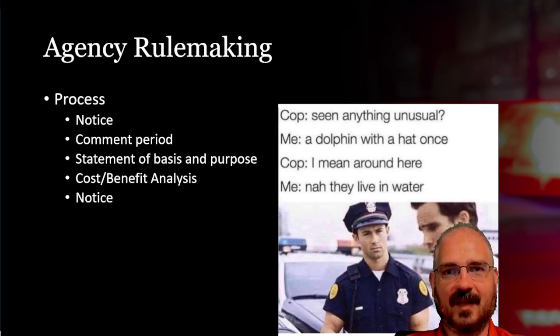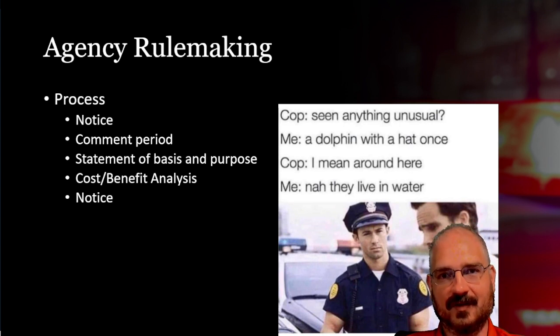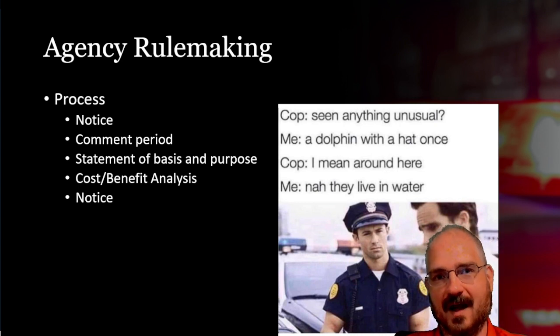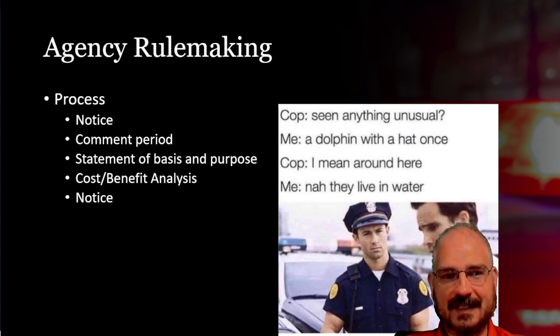And that allows the organizations affected to make an appeal or read that statement of basis and purpose and come to understand what's going to go on and what they're going to have to do or change or modify or submit in order to comply with this rule before that rule actually takes effect.